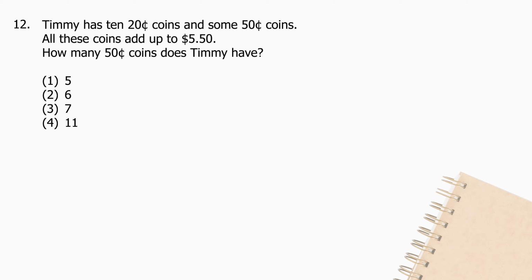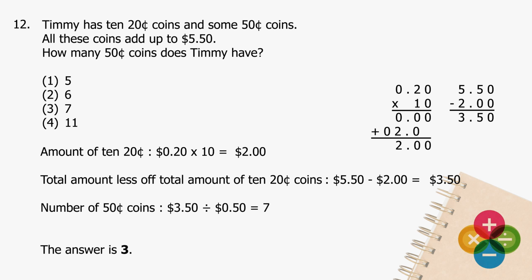Question 12. Timmy has 10 20-cent coins, and some 50-cent coins. All these coins add up to $5.50. How many 50-cent coins does Timmy have? The amount of 10 20 cents will be multiply 20 cents by 10, and the product is $2.